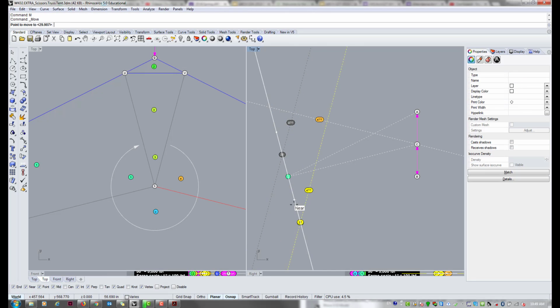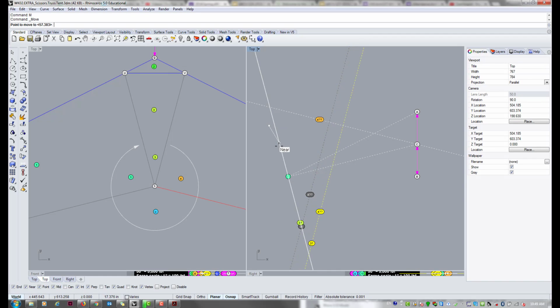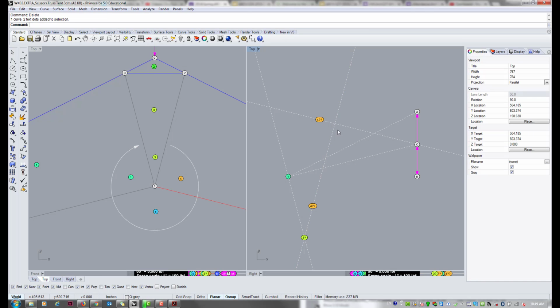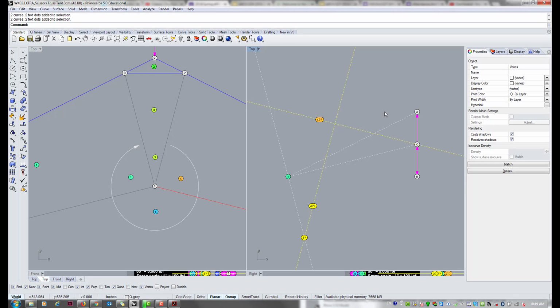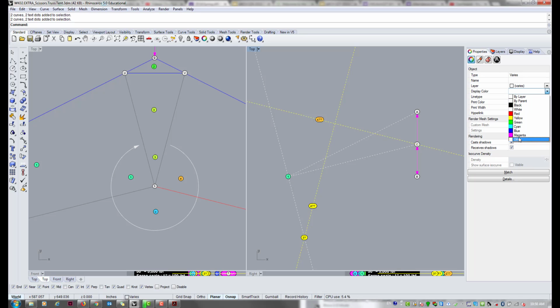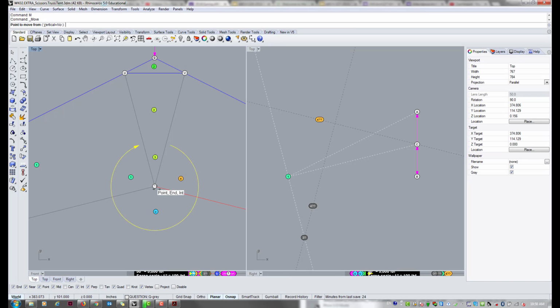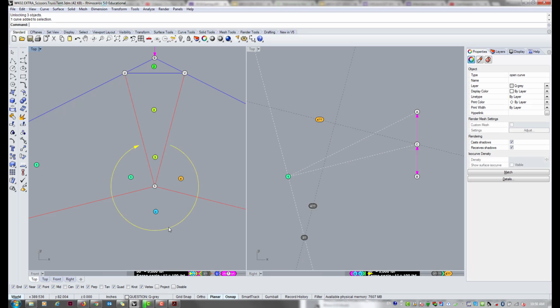Because it could be here, or it could be there, it could be anywhere. So these two are not very reliable at this point. So anyway, that's all we can tell from this point right now, so we have to move on to the next point.